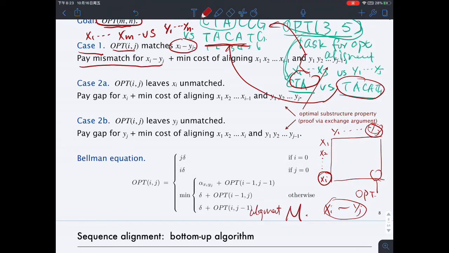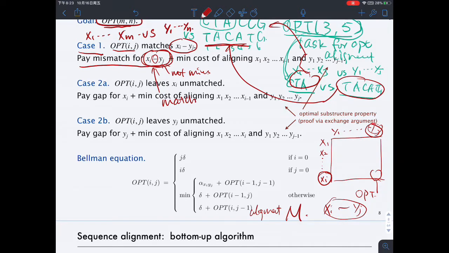If this case is true, then what we have to do is pay the cost of xi matched with yj. Just pay attention here, this is not minus, this is the match.